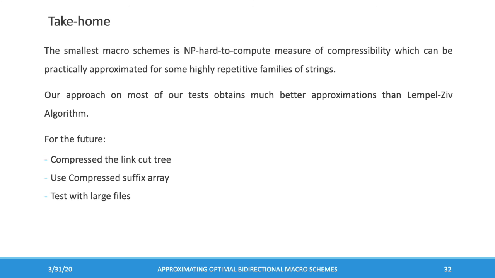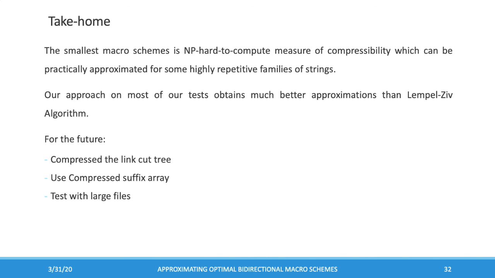In this work, we have shown that the smallest macro scheme, an NP-hard to compute measure of compressibility, can be practically approximated for some highly repetitive families of strings. In our tests, most of the time we obtain a much better approximation than the Lempel-Ziv algorithm.